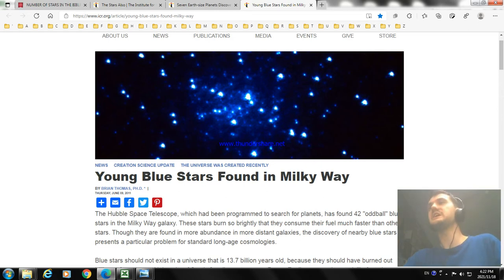The sun looks yellow because... Now, why does our sun look yellow? Because of our thick atmosphere. That's why. Our sun looks white when you look at outer space. So it just looks white.